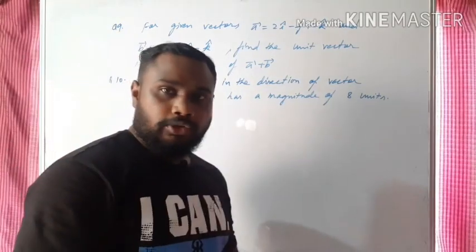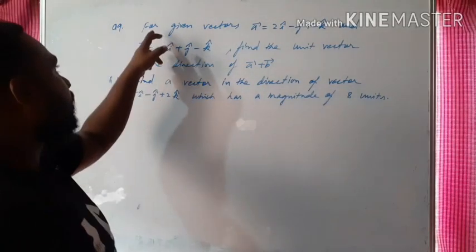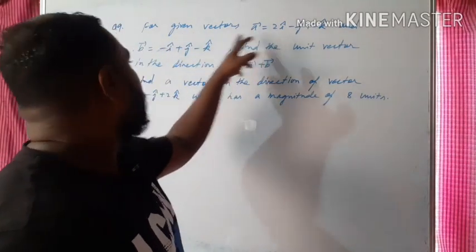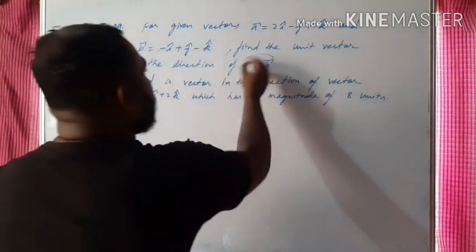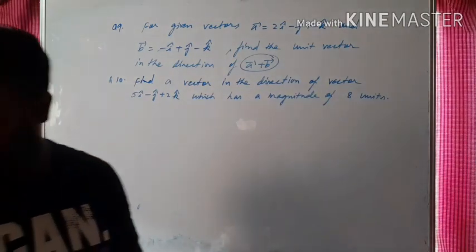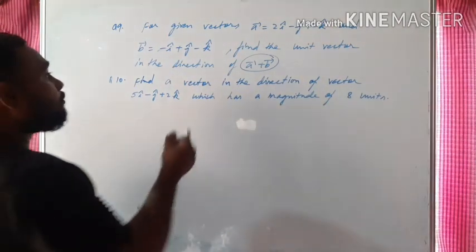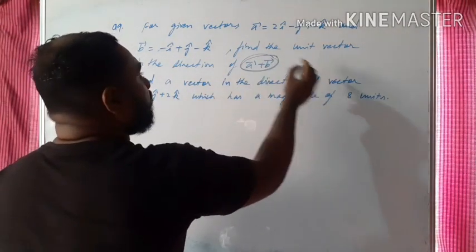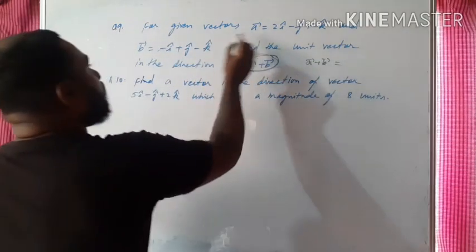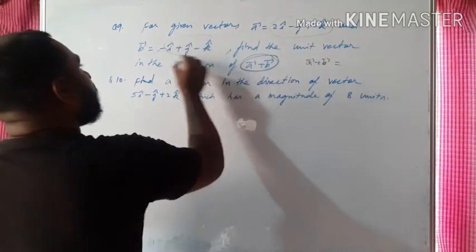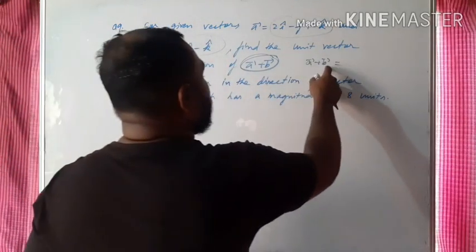So let's see the next question. The next question is: for given vectors A and B, find the unit vector in the direction of A plus B. So what you will have to do here is find A plus B. If you add these two vectors A and B, then you will get the A plus B vector.